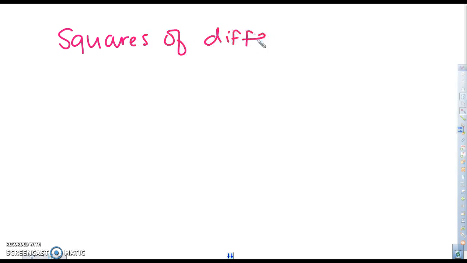So in addition to squares of sums, I can also have squares of differences. And what I mean by squares of differences is instead of A plus B inside my parentheses, I have A minus B squared.